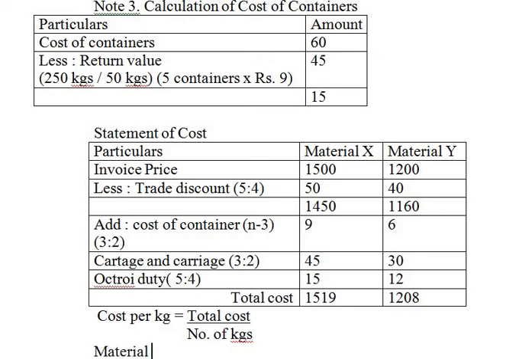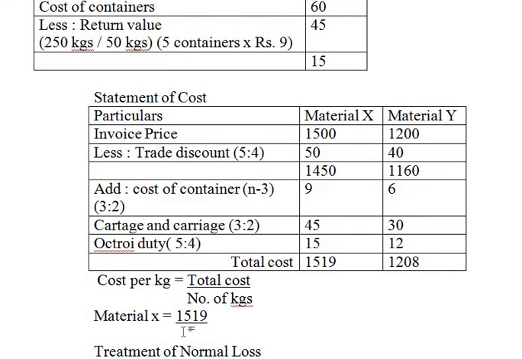For material X, total cost is 1519 divided by the number of kgs, the quantity, which is 150 kgs. That will be equal to rupees 10.13.